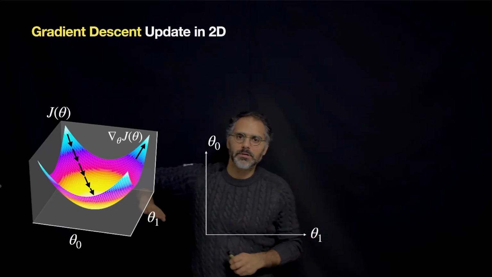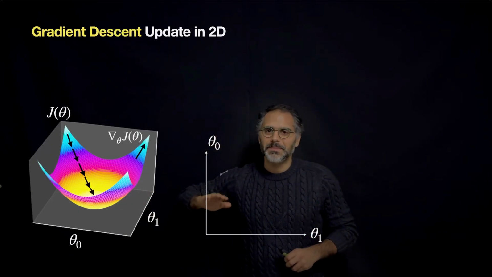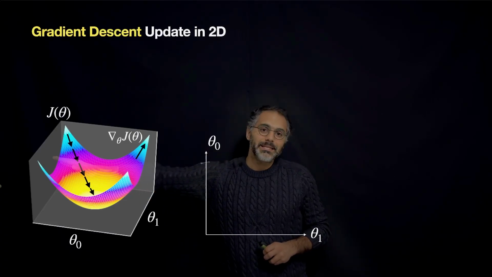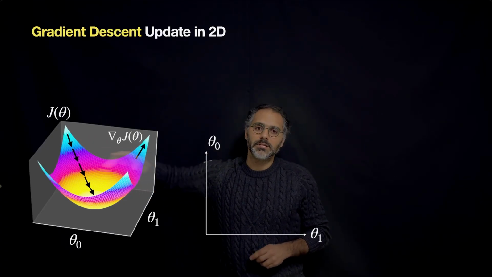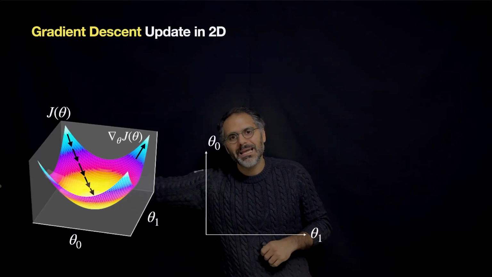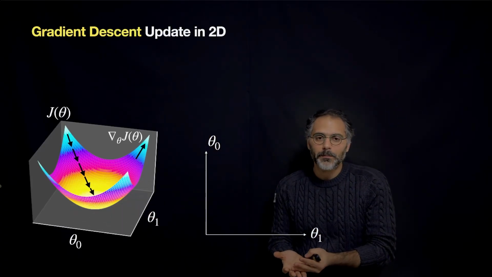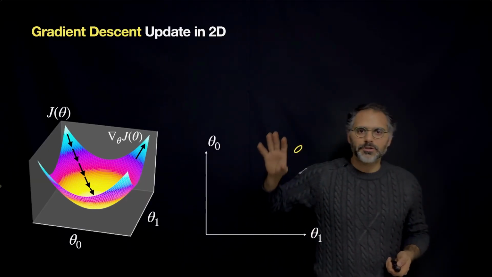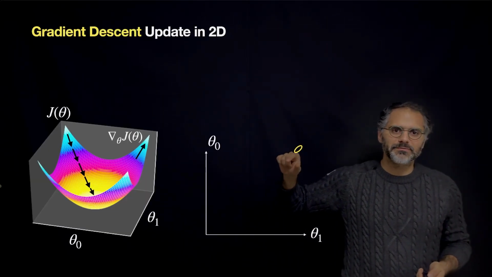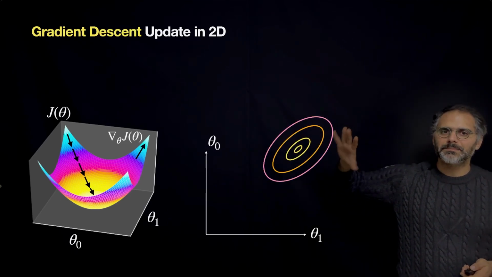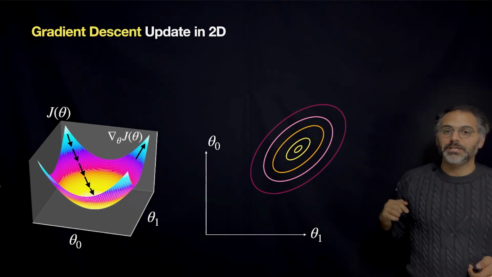I'll take a section for small J, then for J equals 1, I'll take another section, another section. So what do these sections look like? I'm taking the intersection between the plane and the paraboloid. What does that look like? It looks like an ellipse. Right? So for small J, let's say J equals 0.5, you'll have the small ellipse, and then it's the bigger ellipse as you increase the value of J.